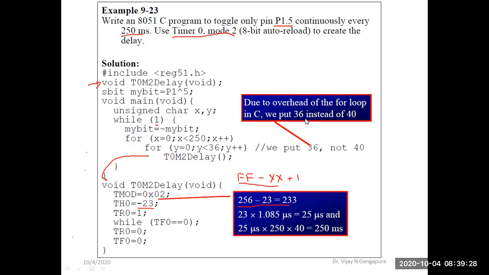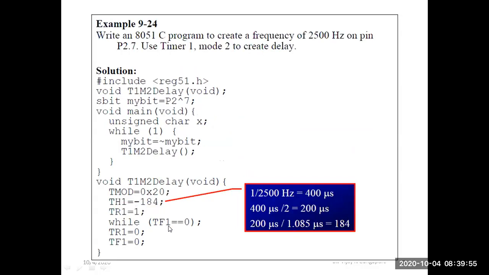So right now TH0 and TL0 are both holding the value 233. Then TR0 is equal to 1, which means I am turning on timer 0. What will happen? The count in TL0 will start incrementing from the initial value 233. And after that I am just monitoring the TF0 flag bit.